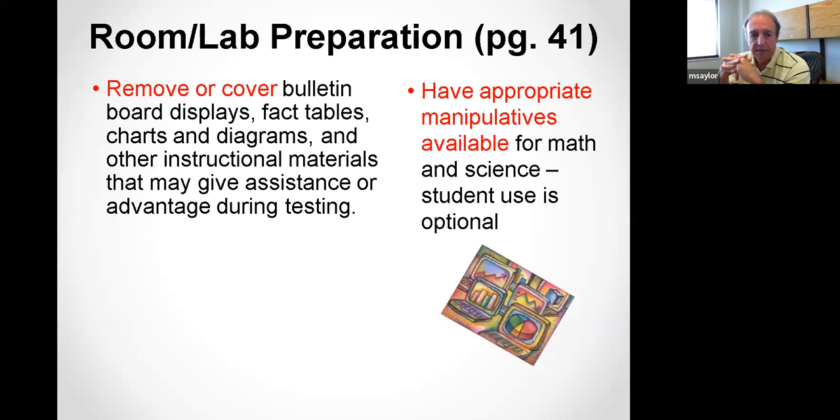Anything that may give them an advantage, like multiplication tables or strategies, the 5-step strategy is one, all that has to be covered up. And by covered up, I don't mean putting a piece of cellophane or mylar over the top of it. It has to be something that they can't see through. So if you have any questions about that, just give me a call.